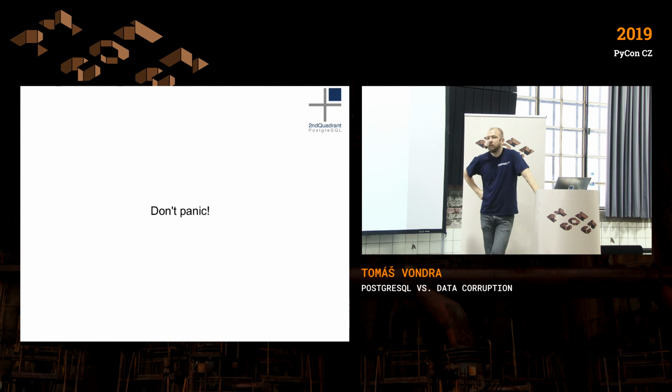But don't panic, right? That's life. You can't really solve this by using any other database because all databases have this issue. And Postgres is still a very, very reliable database. We pay close attention to all data corruption issues.